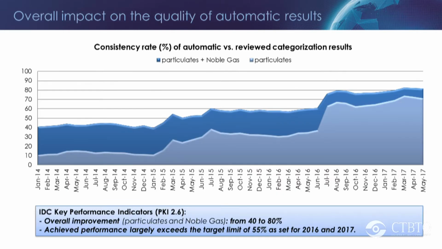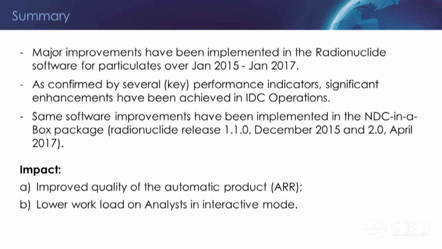This is now the rate of consistency between automated results and reviewed results, which is one of the key performance indicators of the IDC. It's the last slide. Here, we improved the situation from 40 up to 80% if we combine noble gas and particulates, which largely exceeds the target limit of 55% for the 2 previous years.